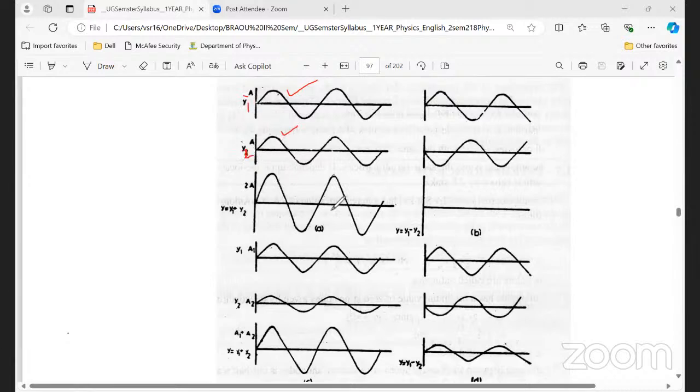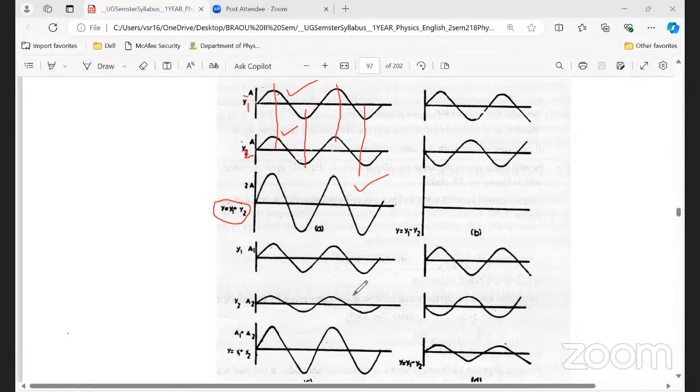This is the y resultant, equals y1 plus y2. Is it clear? With the phase difference, you can imagine how the amplitude can be increased. These are in phase, crest and trough matching, and they coincide. Constructive.